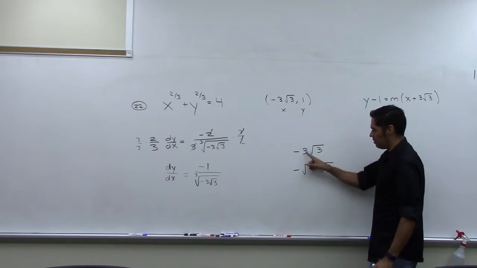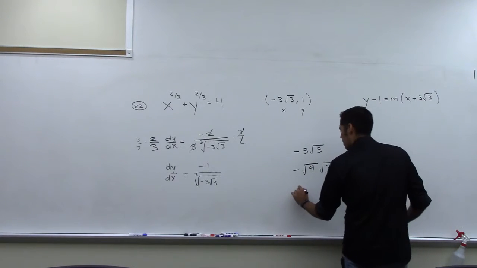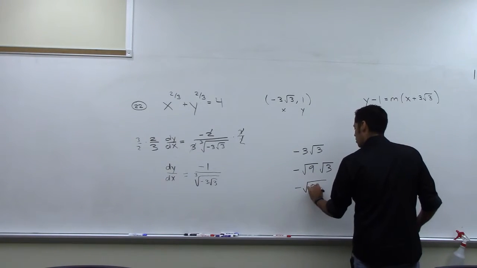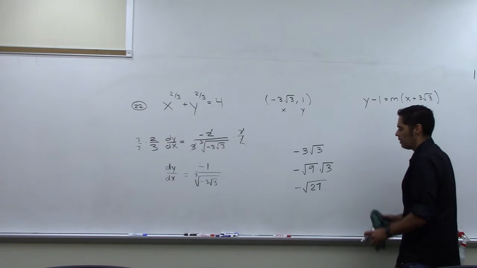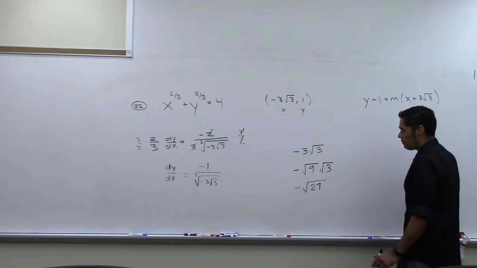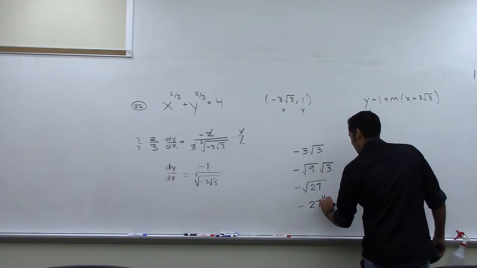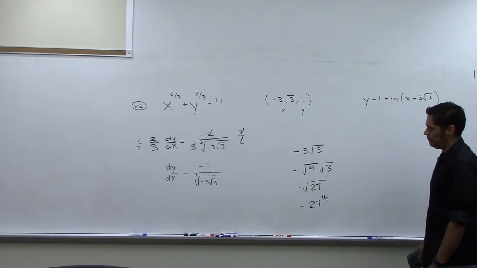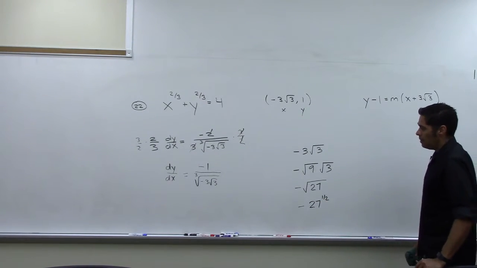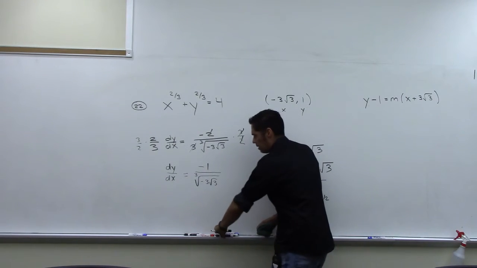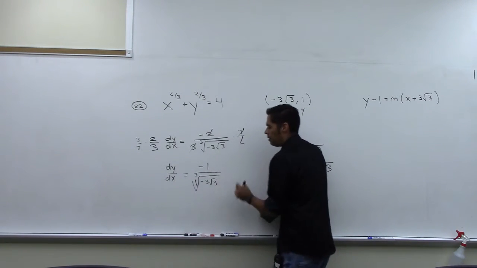I know that looks weird that I do that, but now I can put those back together. This is negative root 27, right? Which is the same as negative 27 to the half. That's what that is. But see, I'm supposed to be taking the cube root of all that.